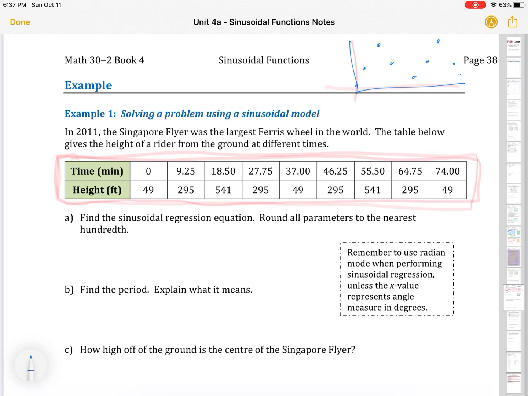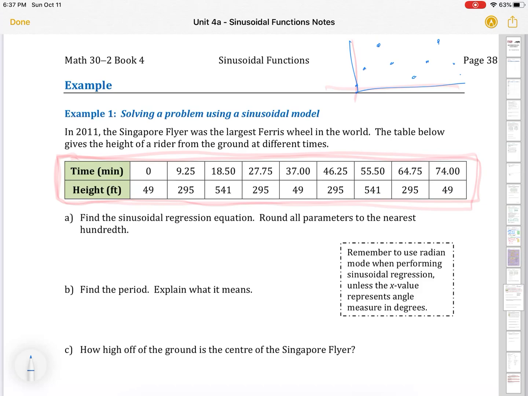You're going to select C, so you might have to arrow down quite a bit to find it, and it'll even say SinReg. Then you can put in second function 1, comma, second function 2 for your data in list 1 and list 2, and press enter. And you're going to get your sinusoidal regression.